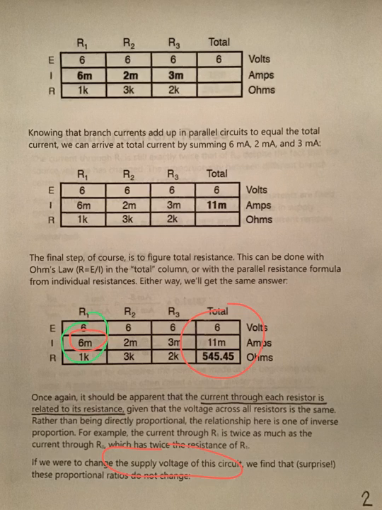They do, but the 2 milliamps would become 4, and the 3 milliamps would become 6. So the proportionality of what the resistors are doing, the current division, maintains regardless. If you change the battery, the proportions hold true.